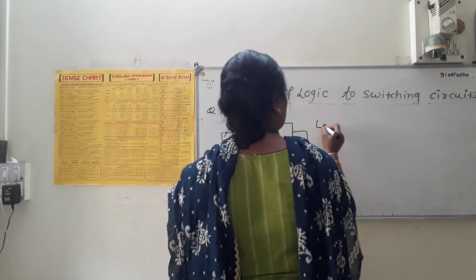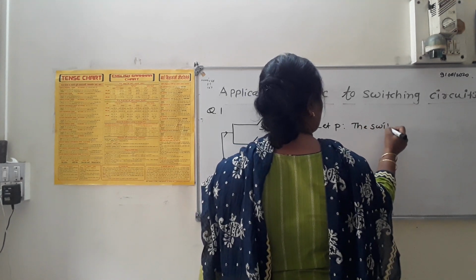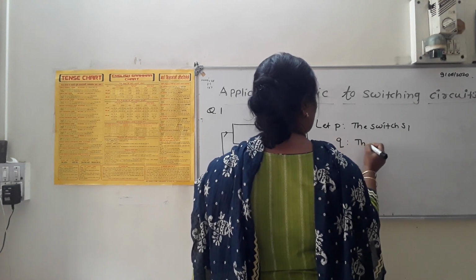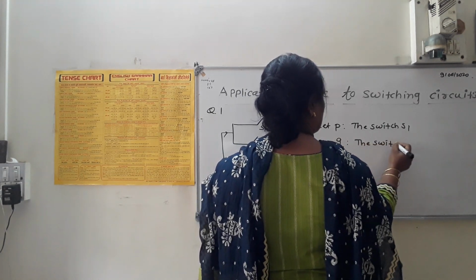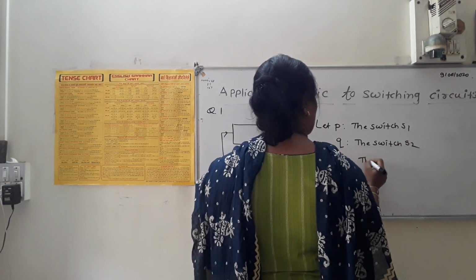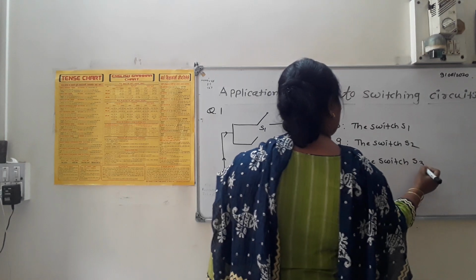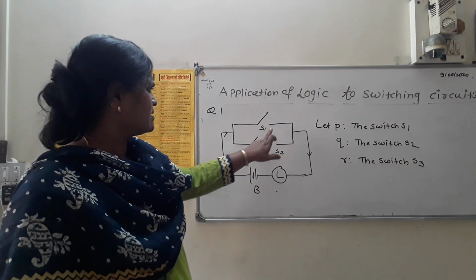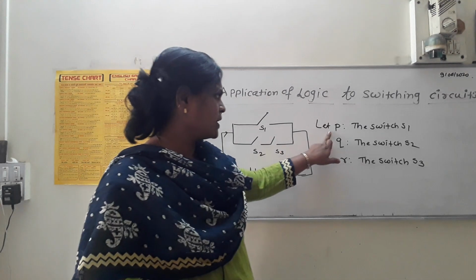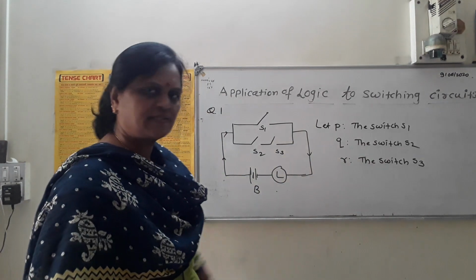Let P be the switch S1, Q the switch S2 and R the switch S3. Okay, so here three switches S1, S2 and S3 are given. So P, Q and R are switch S1, switch S2 and switch S3.